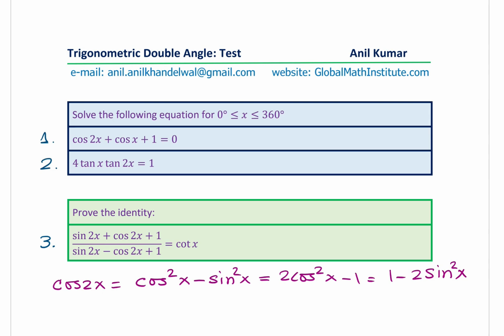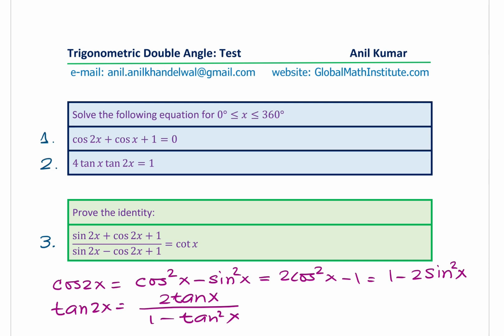Now the other one which you might need is tan 2x. So tan 2x will be what? It is 2 tan x over 1 minus tan square x, correct? So I think these are the formulas which may be required. With that, you can actually pause the video, answer these questions, and then look into my suggestions.